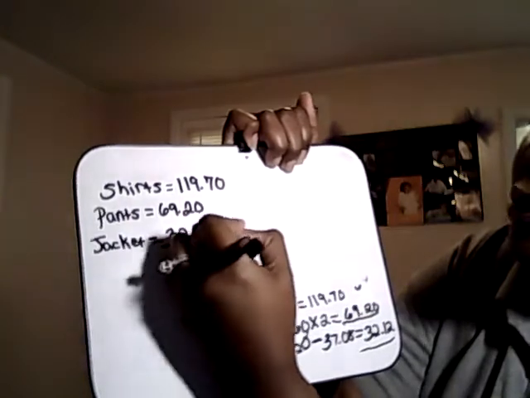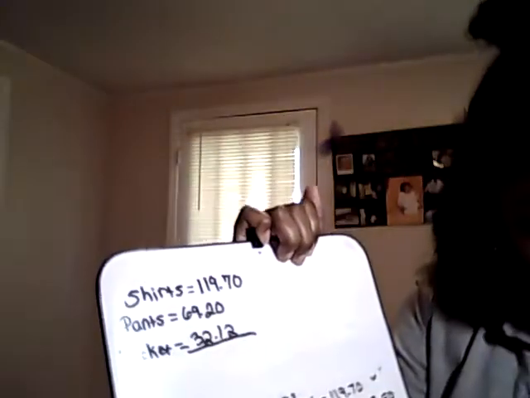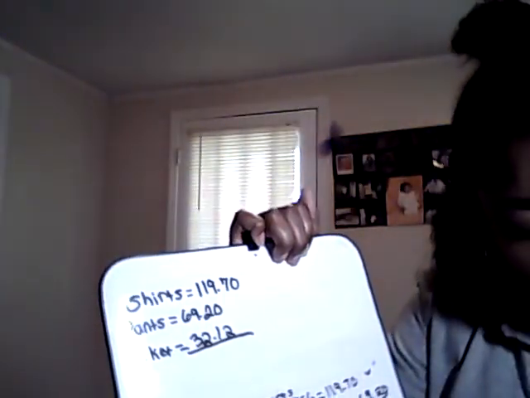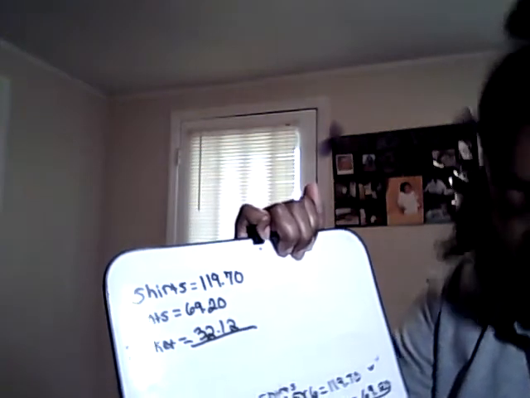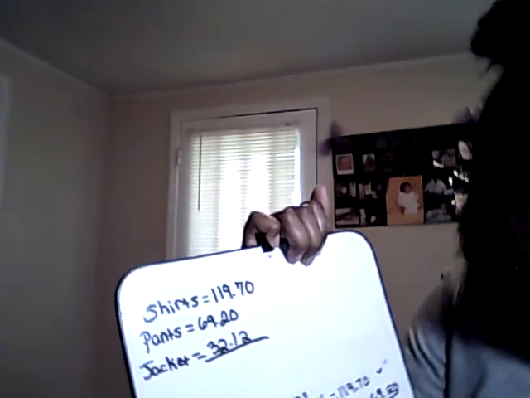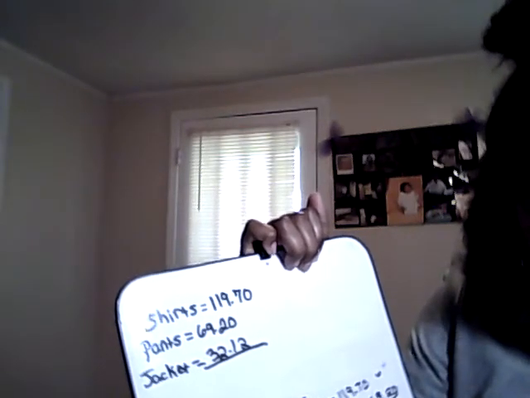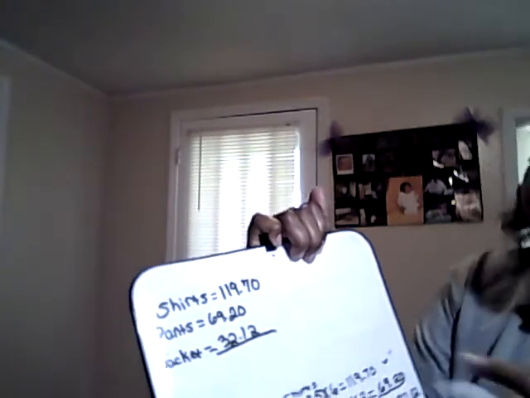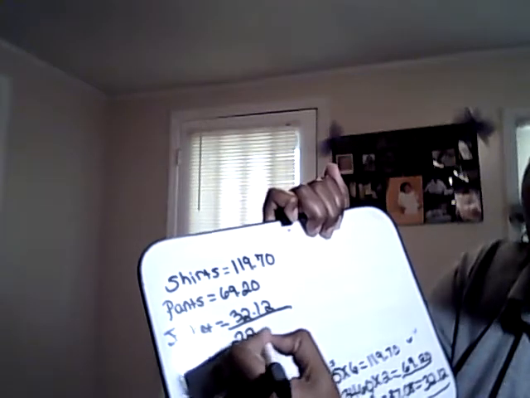So I'm gonna add all three of these numbers together. 119.70 plus 69.20 plus 32.12, and so his total came to $221.02.